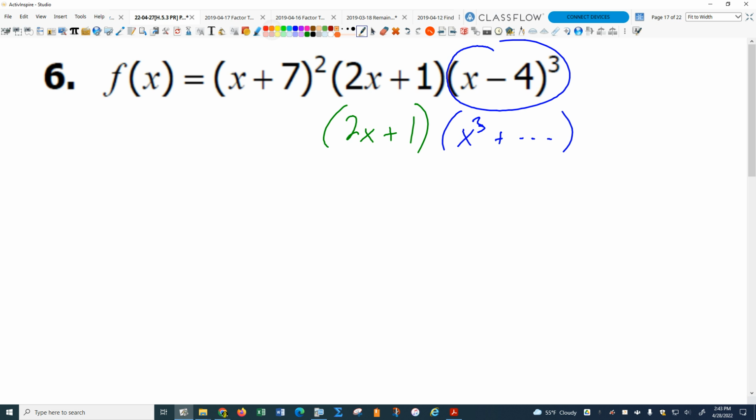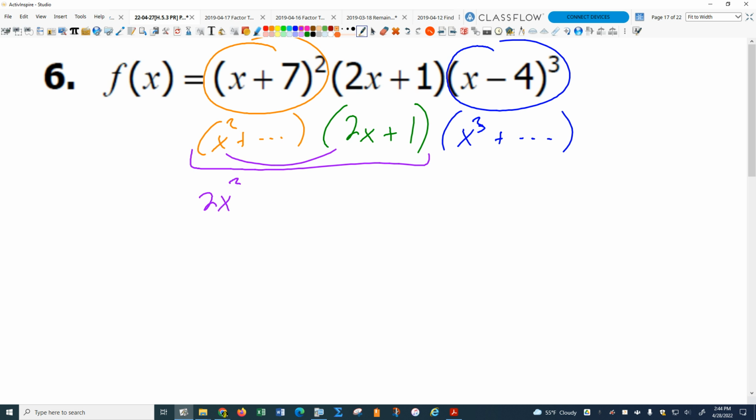And what about the orange one over here that we had? If I expand that out, I'm going to get what? x squared plus stuff. So when I multiply this whole thing out, what's going to happen? Well, I have to multiply these in pairs. So when I multiply those two out and I FOIL it out, or I distribute, aren't I just going to get 2x cubed plus junk? Everybody agree?